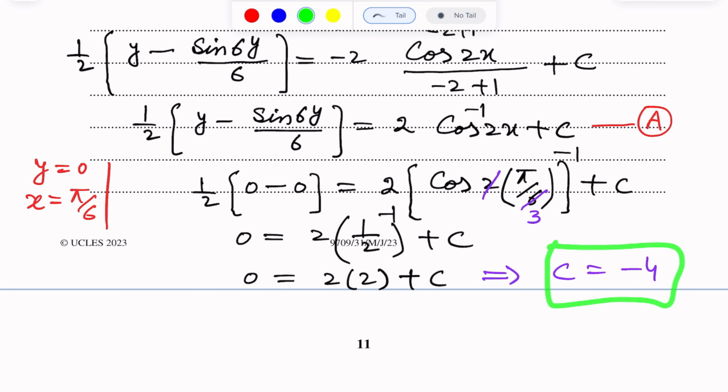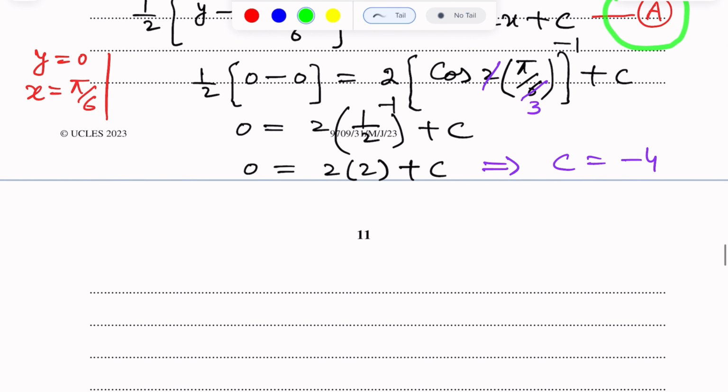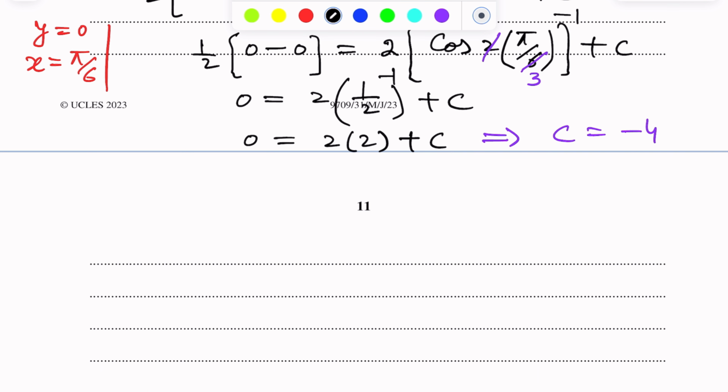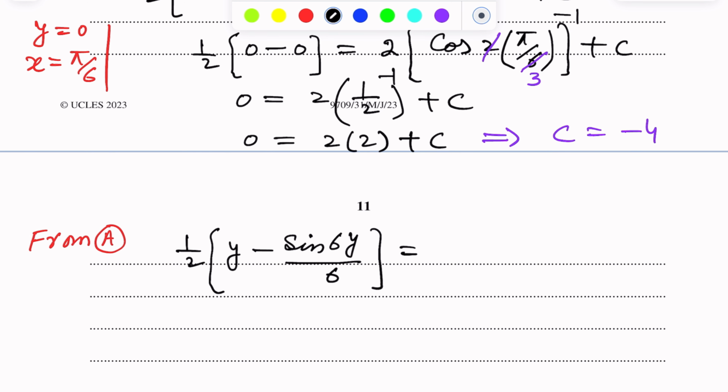Now putting this value of c in equation a, we get 1 over 2 into y minus sine 6y over 6, right side 2 cos power negative 1 2x, that is 2 cos minus 1 2x, minus 4.